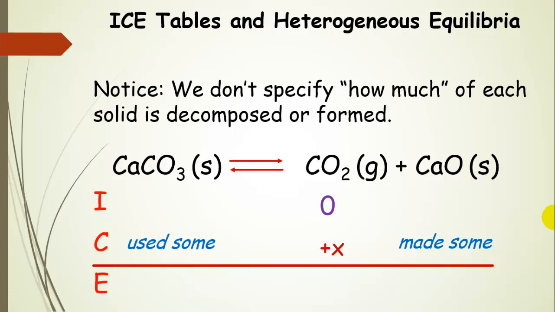Again, on the change line, we can either write nothing because we already know that this activity is just going to be 1 in the equilibrium constant expression, or we can write down, just to keep track, that we used some, and we used it to make carbon dioxide and calcium oxide. We made plus X of carbon dioxide, and this is exactly what we did before. The coefficient for carbon dioxide is 1, and the equilibrium is shifting in this direction. And then we also made some calcium oxide, but again, it doesn't matter how much.